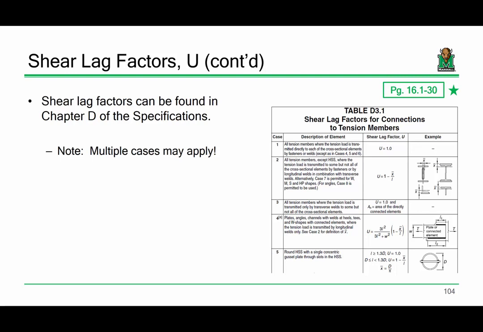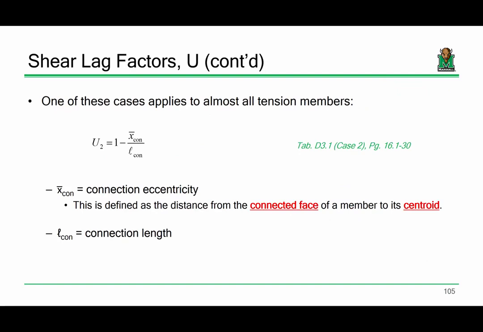What are these? Let's take some time. So one of these cases, case 2, is primarily the one that you're going to be using for just about any tension member problem, period. Not just in this course, but in practice. Okay, so U for case 2 is 1 minus X bar over L. Now, I like to write it like this, 1 minus X bar sub CON divided by L sub CON, because I want to describe what those terms mean.